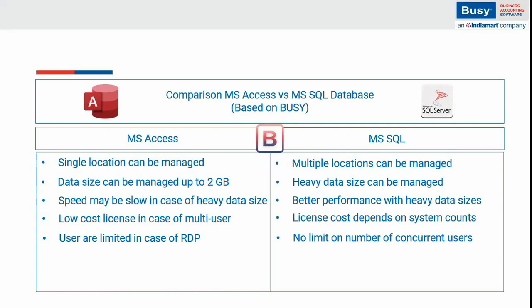That is not possible in MS Access. But MS SQL is not like that; there is no limit on the number of concurrent users. In MS Access, the data security is good, and in MS SQL, data is more secure than in MS Access. So this is all about the comparison between MS Access and MS SQL database.